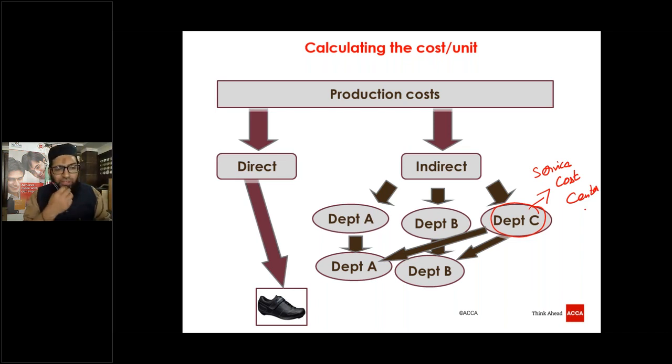A service cost center is a production or service location in which no physical production is happening. Instead, these departments are helping or supporting those other departments who are actually producing the unit. And finally, from these departments, we charge the overhead to the product. This is how absorption costing works.